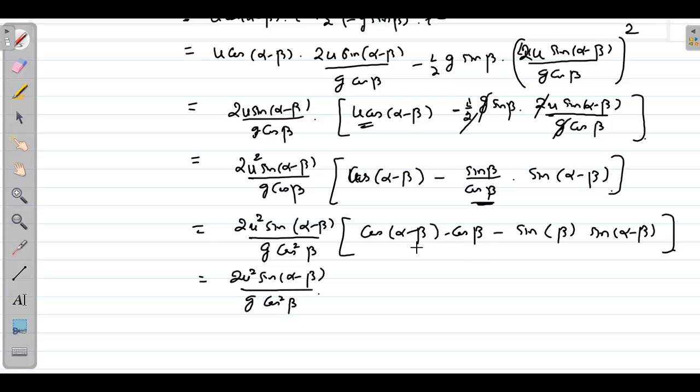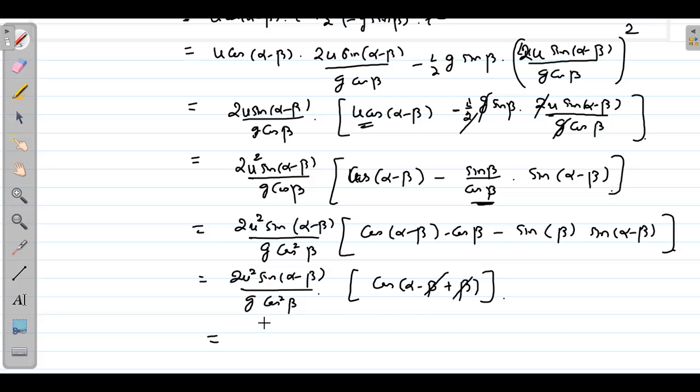Now we can simplify it. It is cos A cos B minus sin A sin B, and from trigonometry we can write cos alpha minus beta plus beta. So beta and beta cancel out.